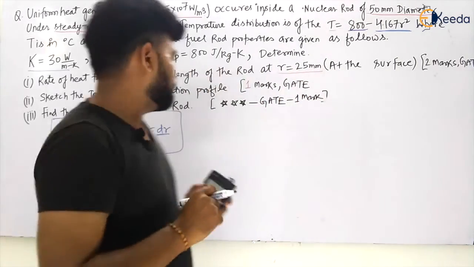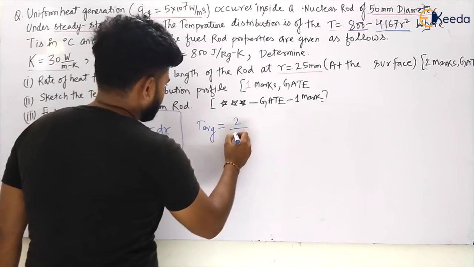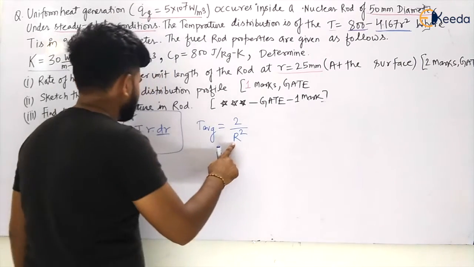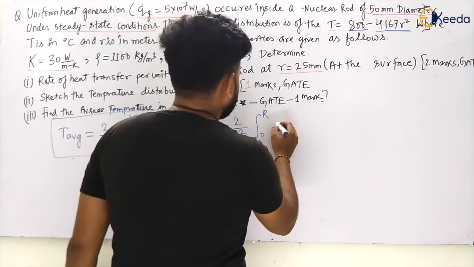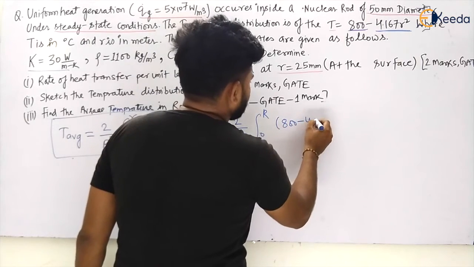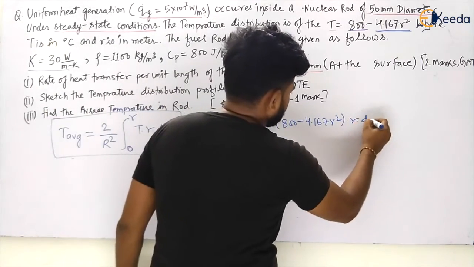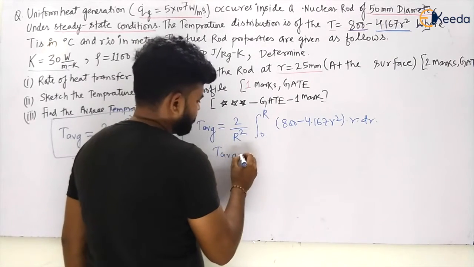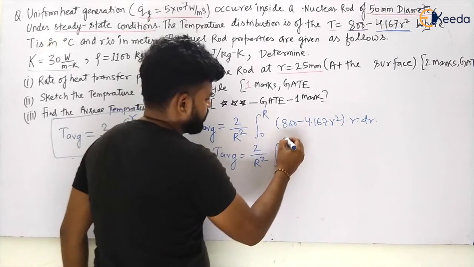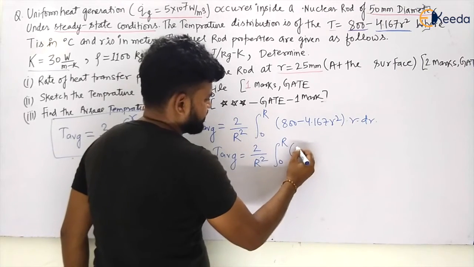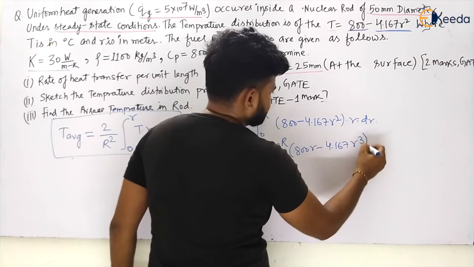So putting the value of T in this equation, T average can be calculated as 2 by R square, where R is the outside radius, into the integral from 0 to R of T, where T is equal to 800 minus 4.167 R square, times R dr. So T average is equal to 2 by R square, integral from 0 to R, and multiplying R inside the bracket, this becomes 800 R minus 4.167 R cube, dr.